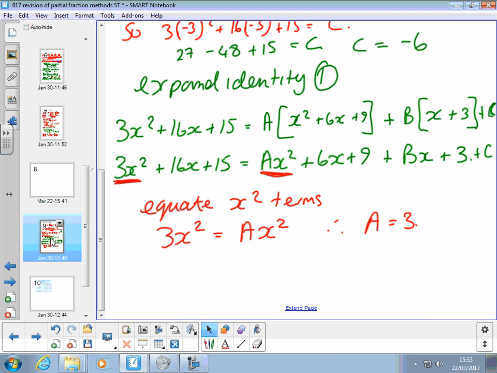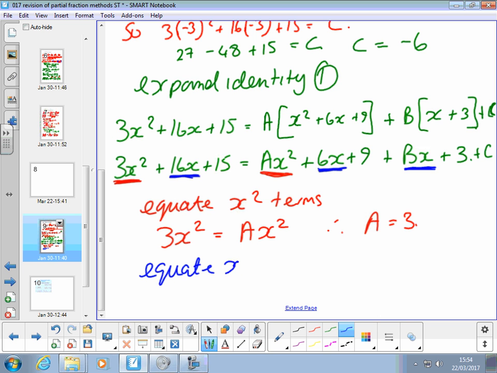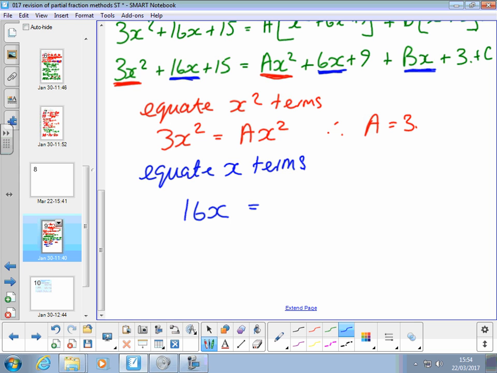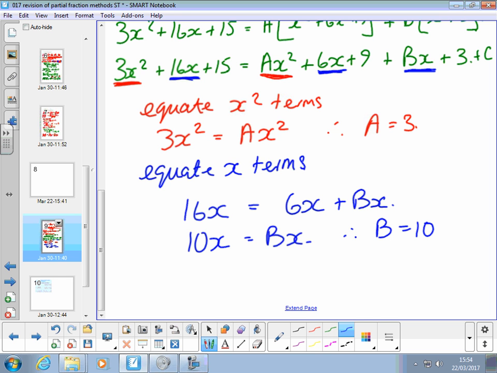And then we've got 16x's there. And what x terms have we got on this side? 6x and Bx. So equating x terms, I've gone wrong somewhere.